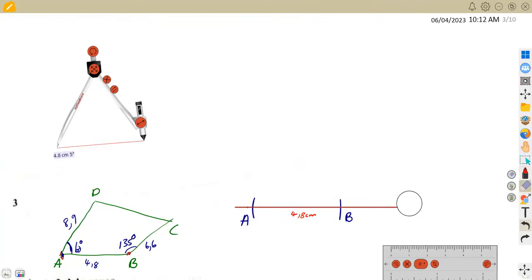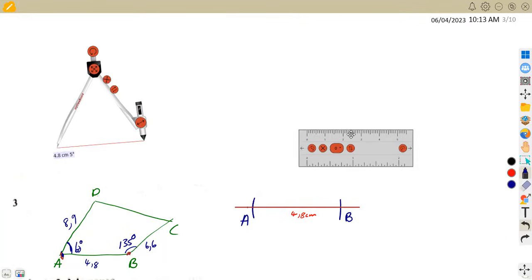This line is not drawn direct from A to B. Just make a continuous line. It's a construction, not a drawing. We are to construct. So that is our AB.